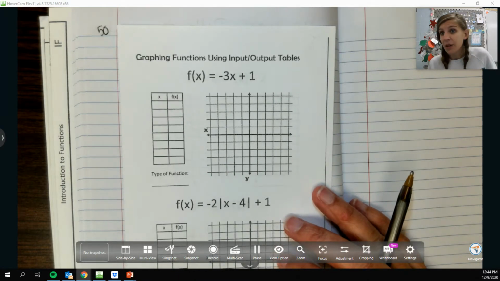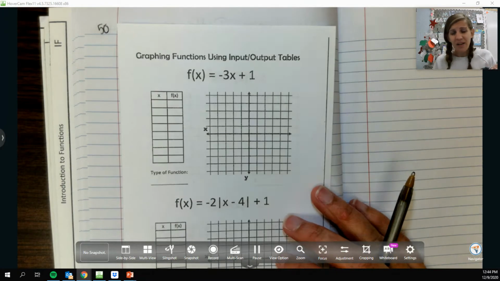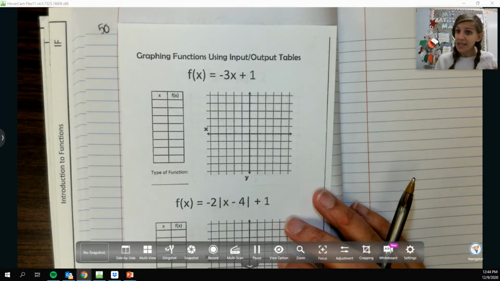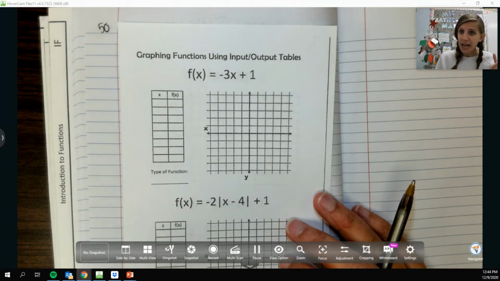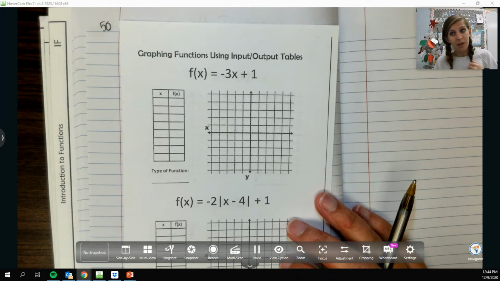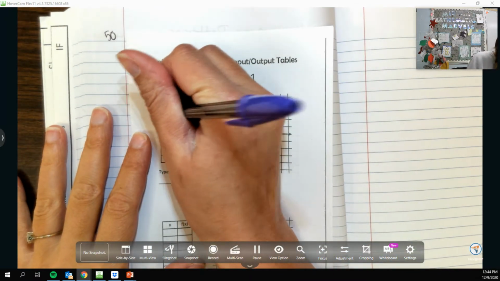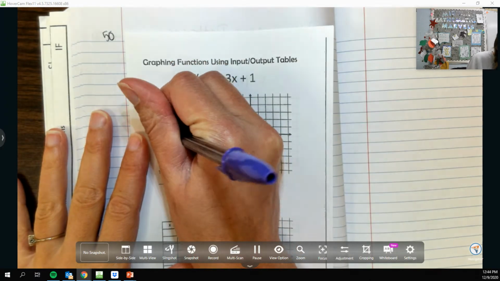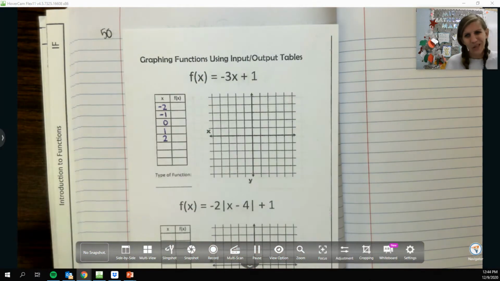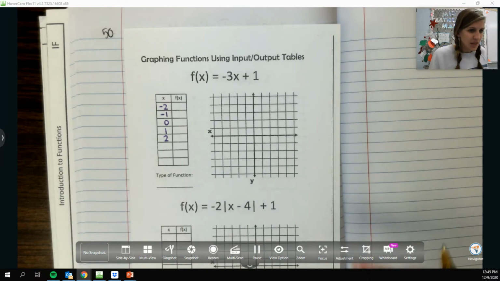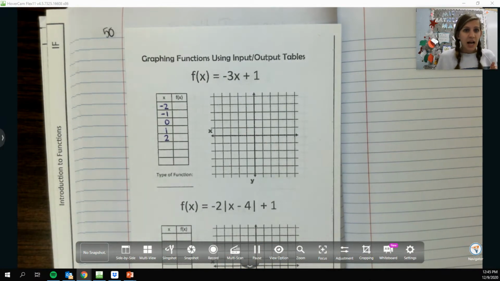My independent variable or my domain can be whatever I want it to be. So I typically like to pick a couple of negatives, 0, and a couple of positives. So for this one, I'll just go -2, -1, 0, 1, 2.